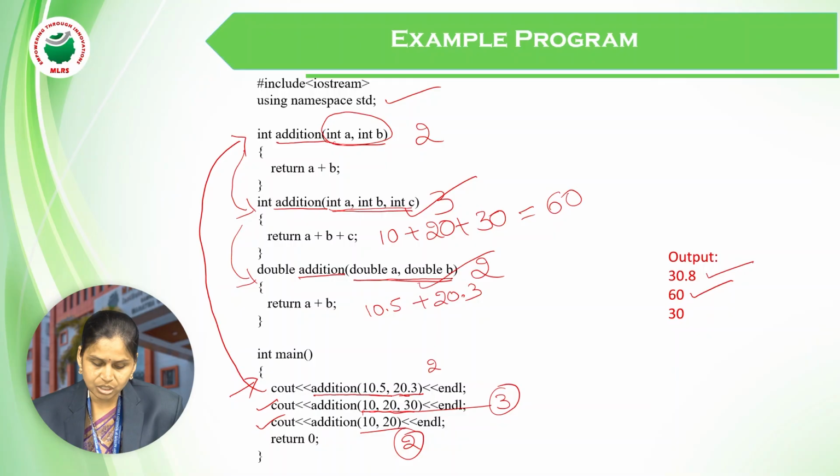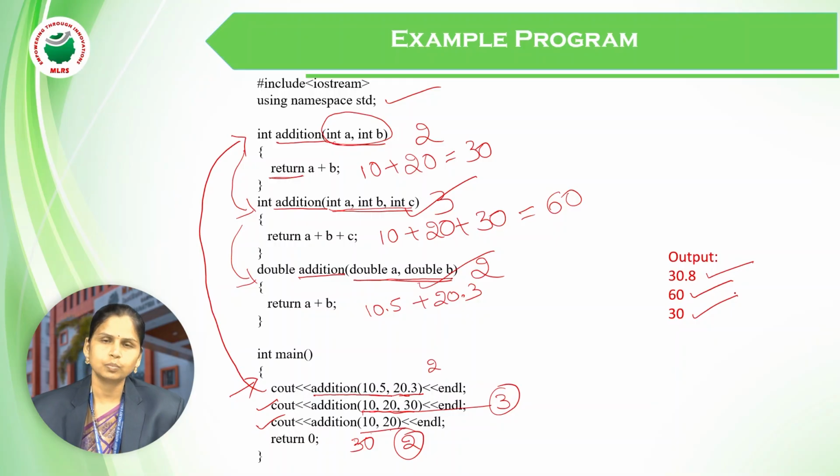When the function call syntax is matched with the function definition, only that function will execute. So here return A plus B. The first value is 10 and the second value is 20. So A plus B is 10 plus 20, which is equal to 30. That value is returned by the return statement. Then it replaces the value 30. Then cout of 30, we will get the output 30.